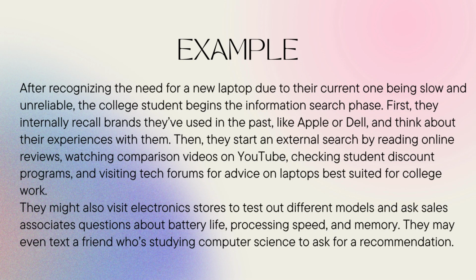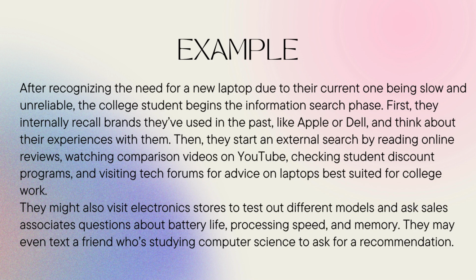Working with our example, after recognizing the need for a new laptop due to their current one being slow and unreliable, the college student begins the information search phase. First, they internally recall brands they've used in the past, like Apple or Dell, and think about their experience with them.